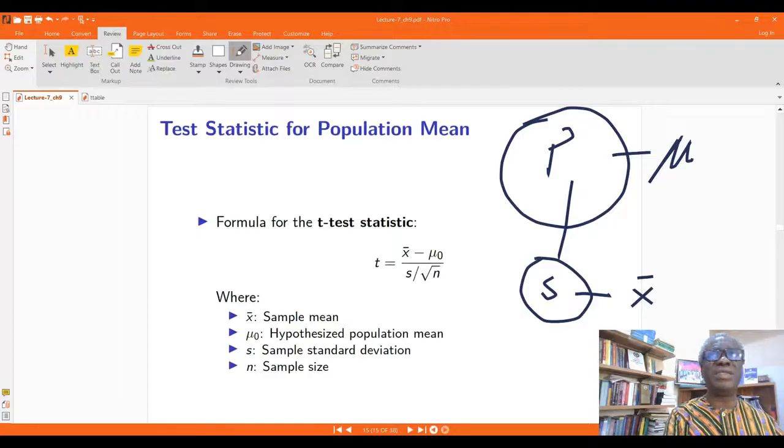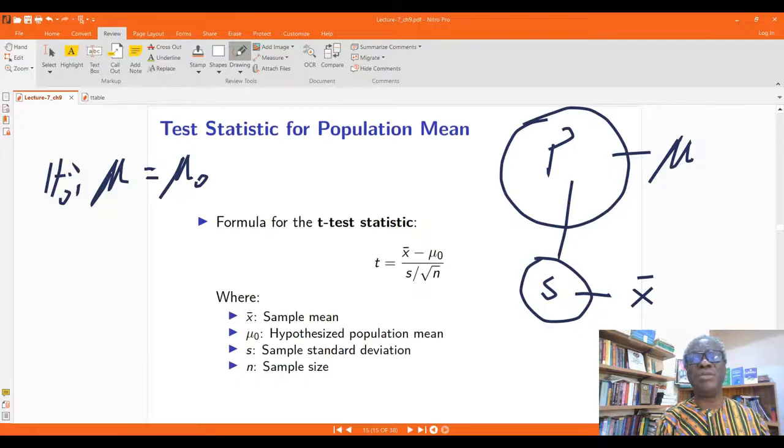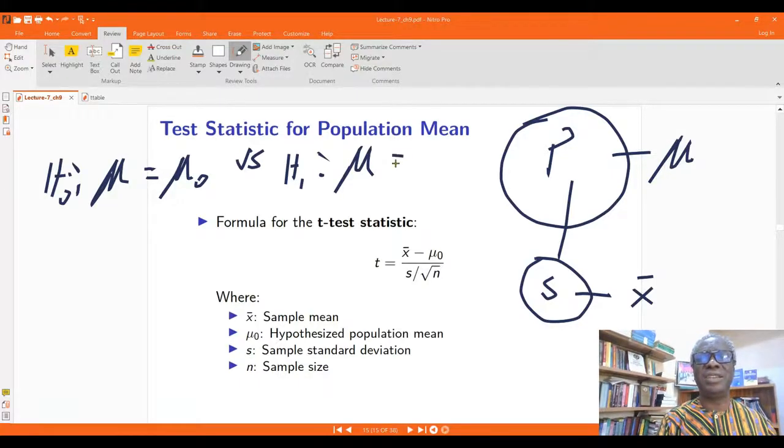And so the hypothesis is formulated by specifying the null hypothesis, and say the mean is equal to a specified value, which we call mu naught, versus the alternative hypothesis, which we counter the null hypothesis and say it is not equal.